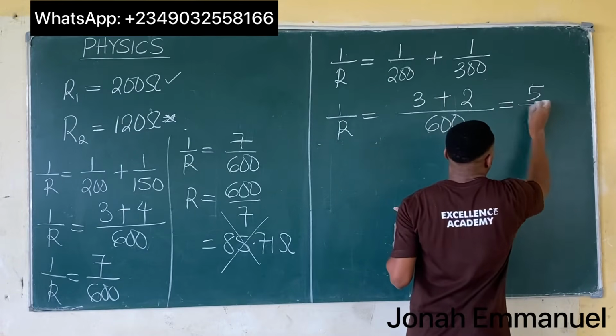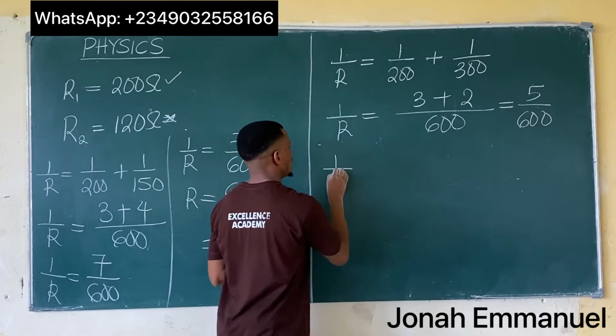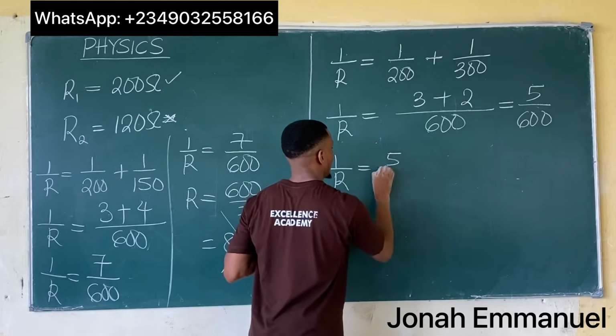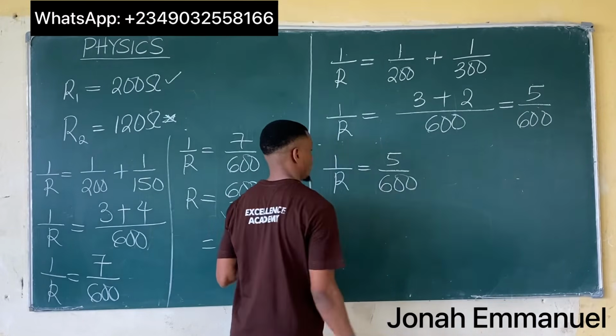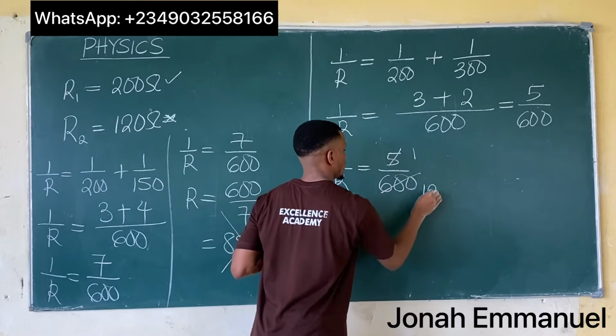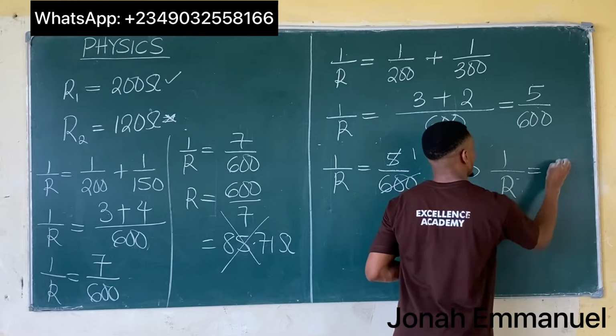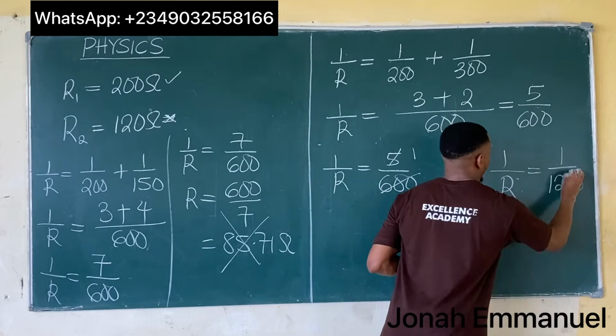That gives you 5 over 600. So I have that 1 over R is equal to 5 over 600. In lowest terms, this is 1 over 120.